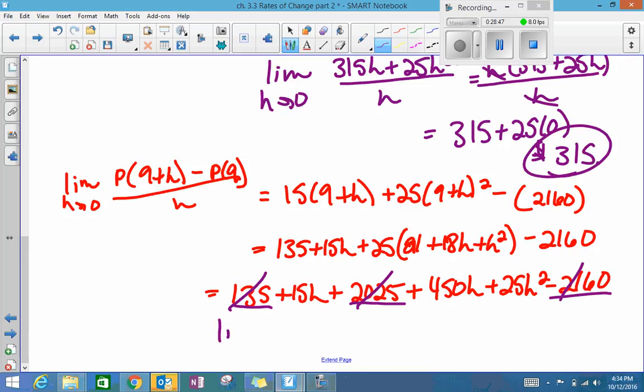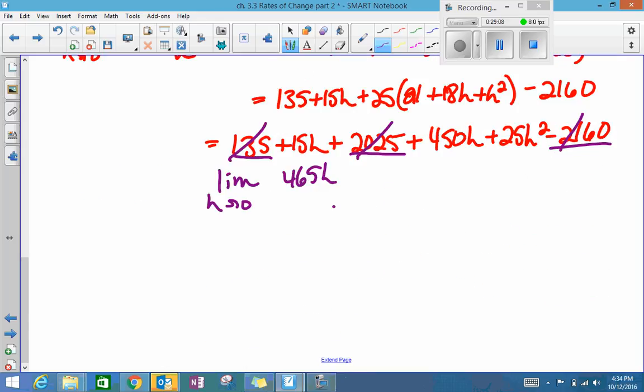And now we take the limit as h approaches 0 of 15h plus 450h gives us 455h. I'm sorry, 465h. I'm kind of winging this like I do in class, so catch me or let me know later if my math is wrong. 450 plus 15 is 465h plus 25h squared all over h.